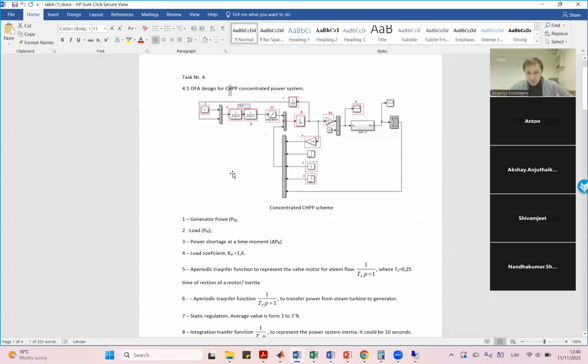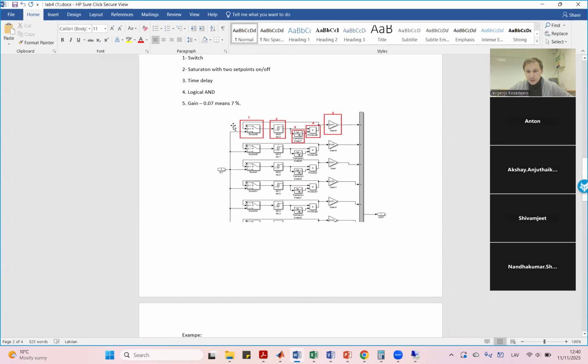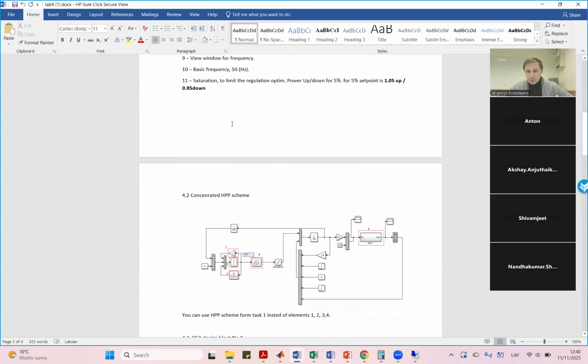What is more? I just want to highlight this moment that task number 4 contains two similar parts. So we model everything the same with one difference.